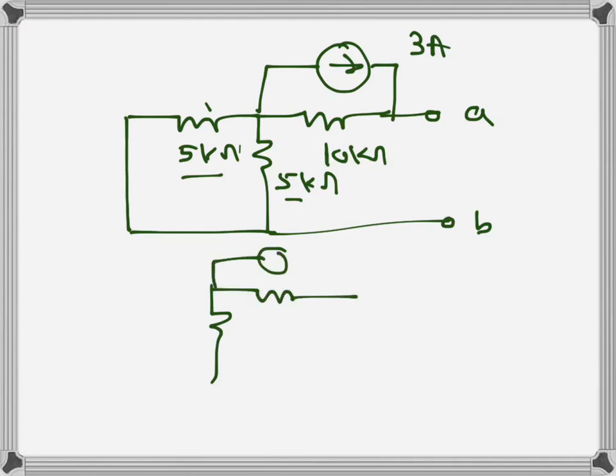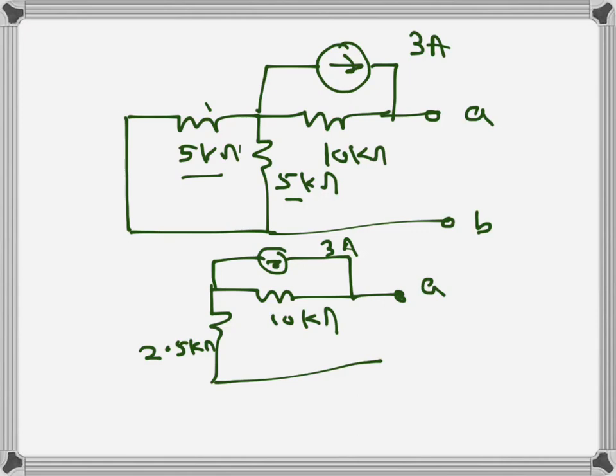And this is our 3 amps current source, 10 kilo ohms, and this is terminal A, terminal B. We need to find VAB basically, and we can see that the current from the current source will flow only in this path, because this is an open circuit here, so no current flows through this resistance. The current will be 0 here.